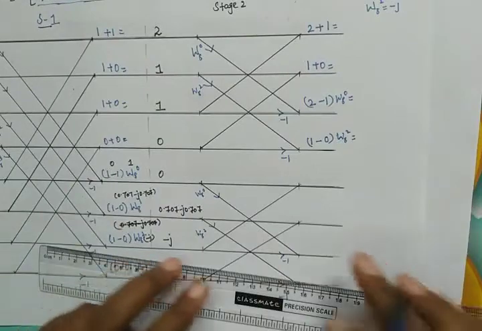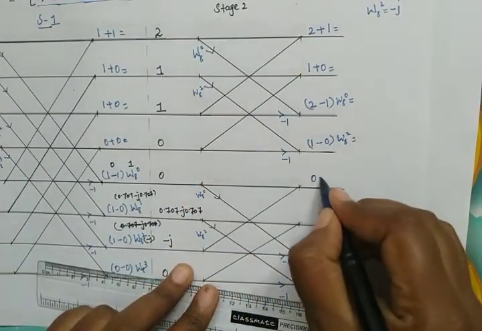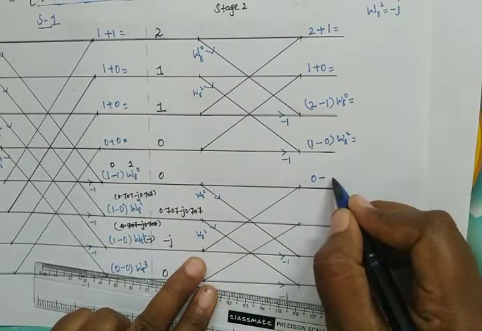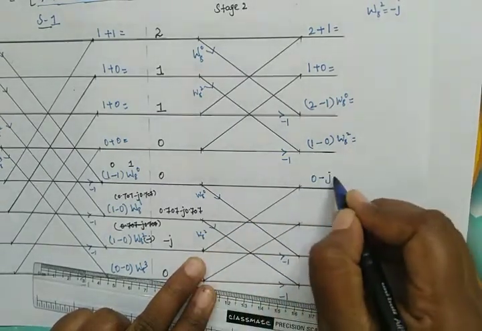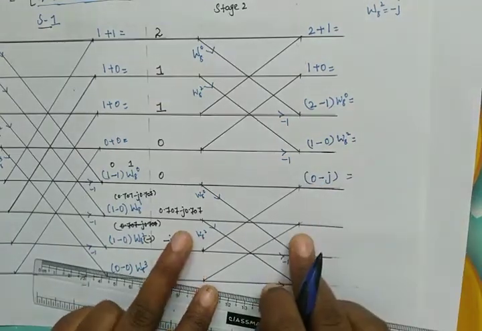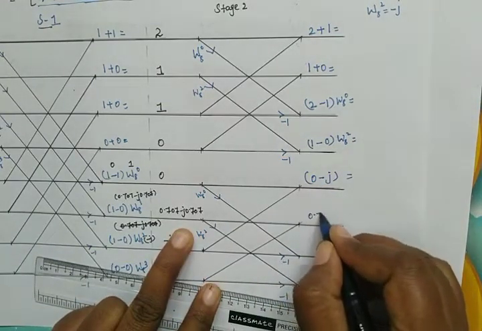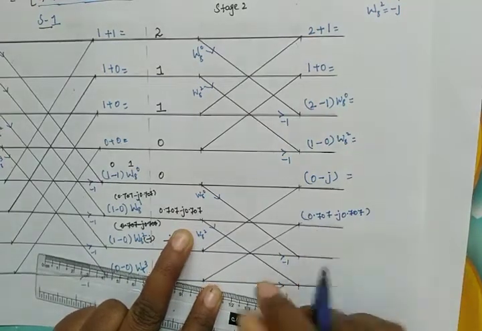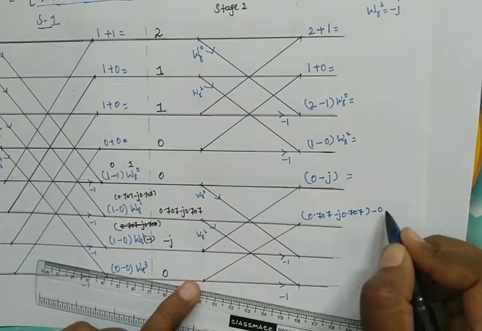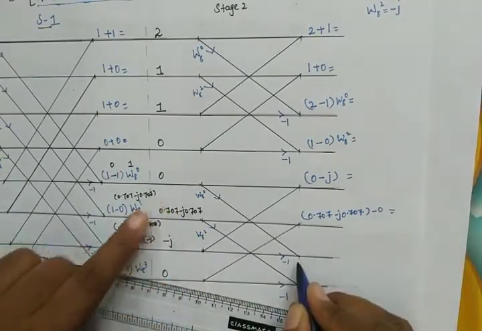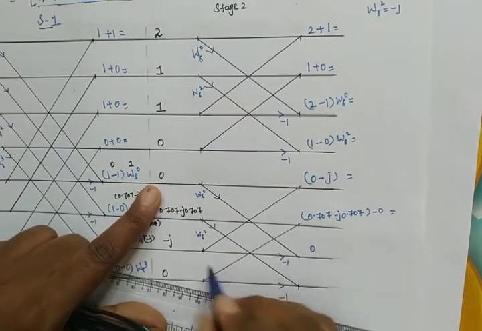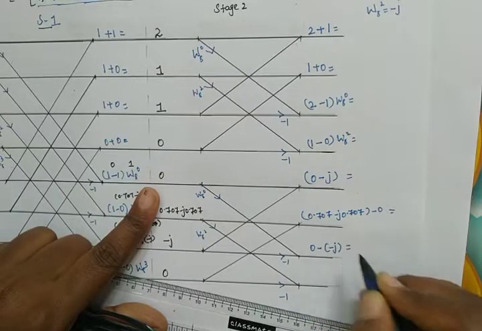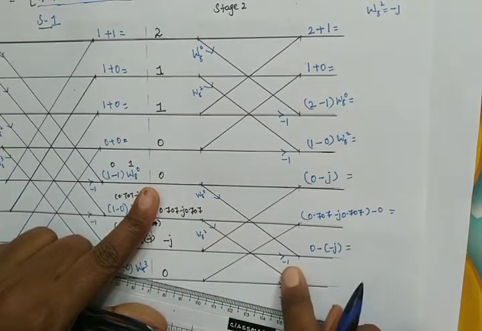Now let us move on to the next. So here we have 0 minus, and this is minus of, here it is minus j is equal to, and here it is 0.707 minus j 0.707, and here it is minus 0 is equal to, now here it is 0. Here we have minus of minus j is equal to, because this minus j will be multiplied by minus j.